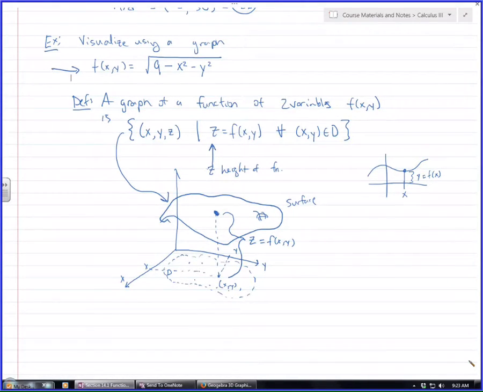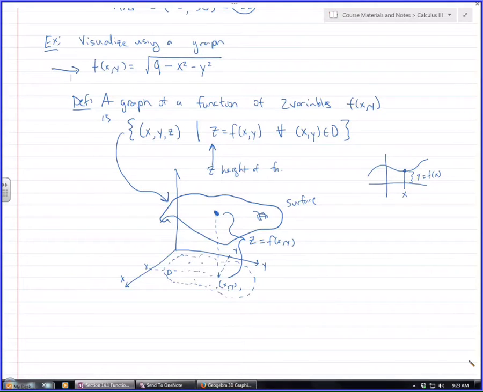GeoGebra is a software package that's freely available. It's web-based, which means you can go to it from any browser. But they also have apps for your phone and for your tablet devices. You can even go to it on your phone in a browser, or on a tablet in Safari or in Chrome, and be able to manipulate and draw these graphs.